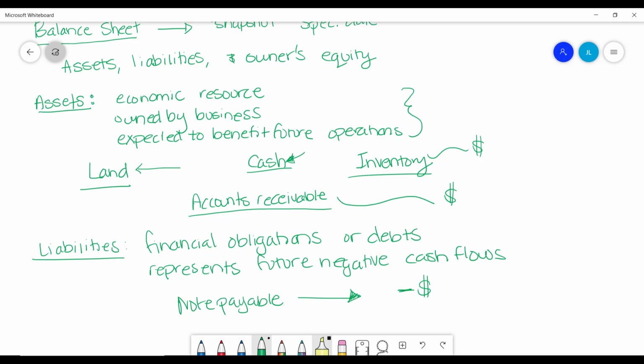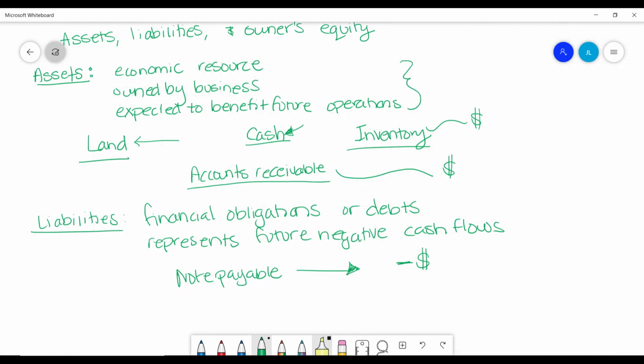And that is going to cause us to have a cash outflow, a negative cash flow. So that's an example of why these debts or financial obligations represent future negative cash flows. And the groups that we owe money to are what we refer to as our creditors.